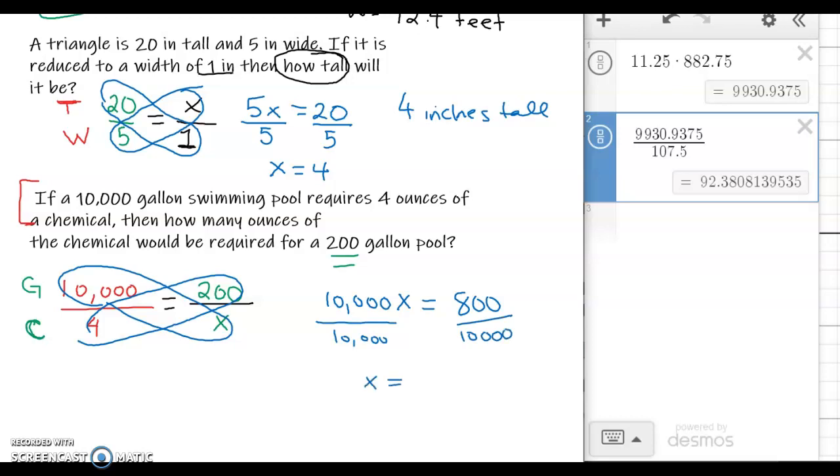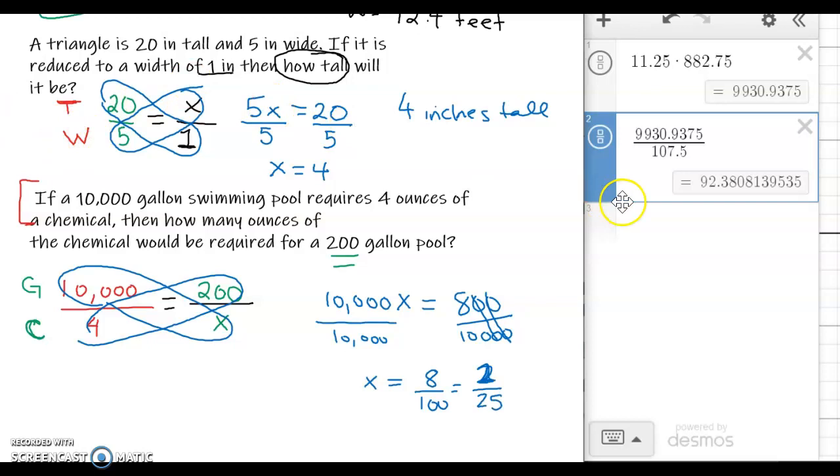Desmos can be open all the time. One little trick when I see these zeros, let's get rid of our extra zeros. So I would see that I have 8 over 100. And this one's actually pretty simple to start breaking down because I could divide each of these by 4. And so I would get 2 over 25.